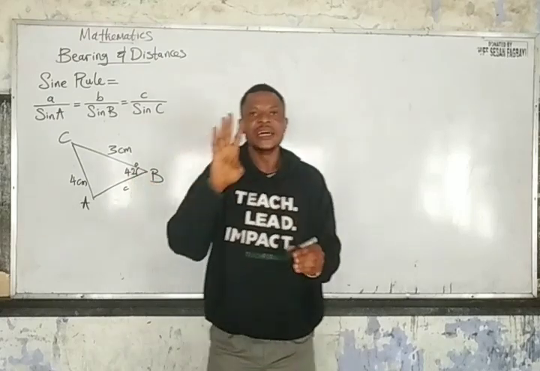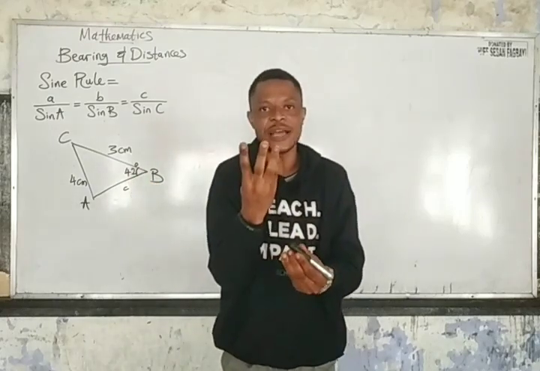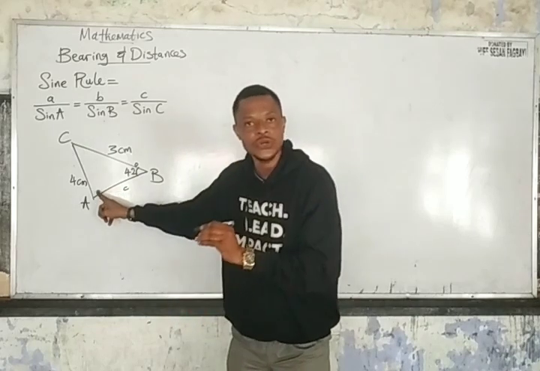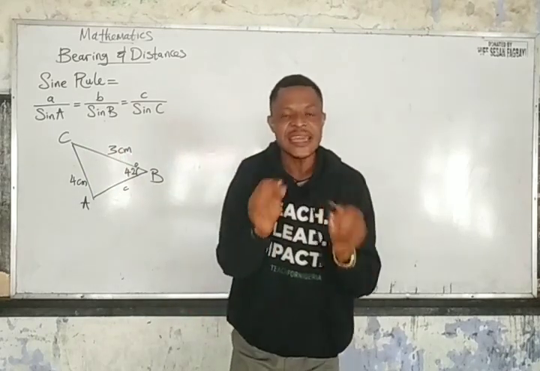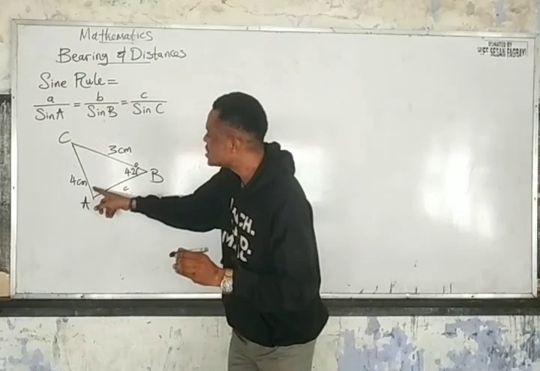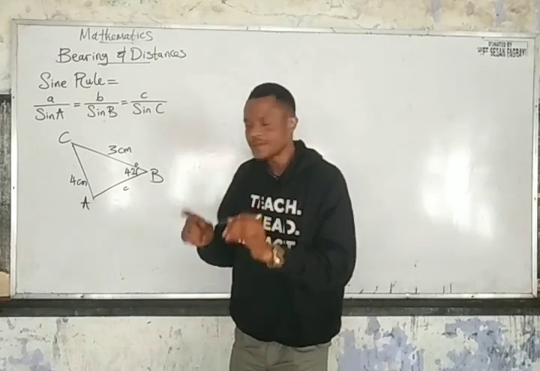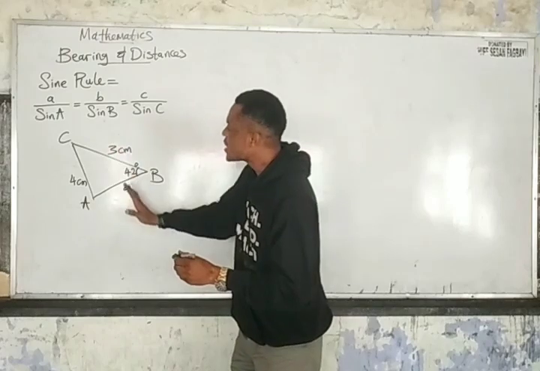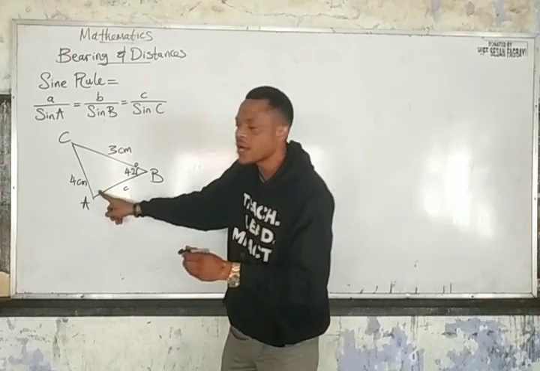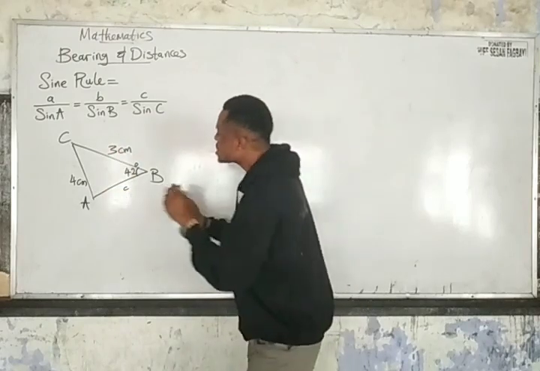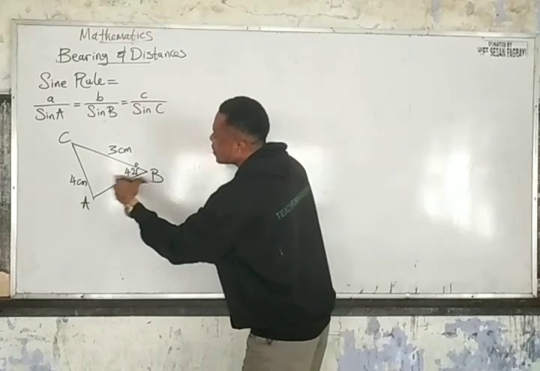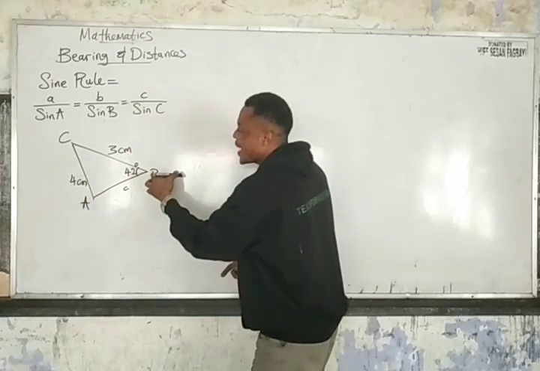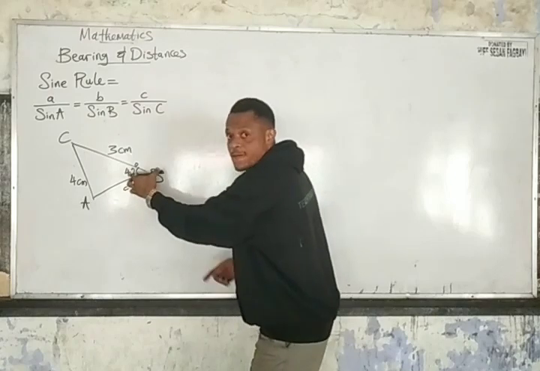In that case, of the four entities we are using, we only have one unknown, so we can easily identify what the angle A is. We cannot find c in this case without first finding the angle A, because if you decide to use b, which is 4, over sine B, which is sine 42.